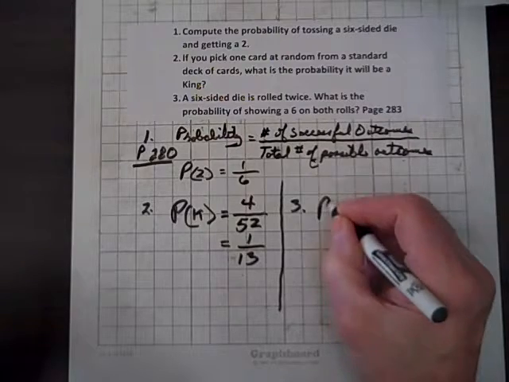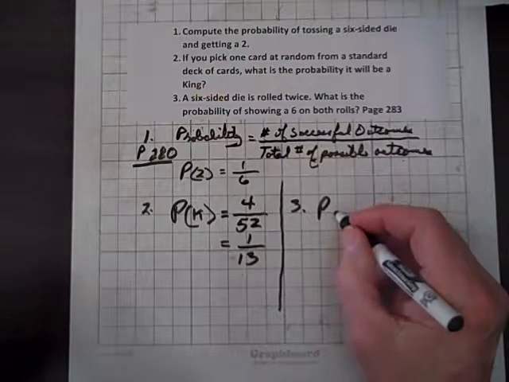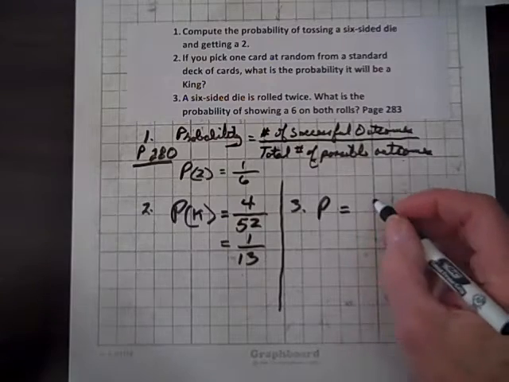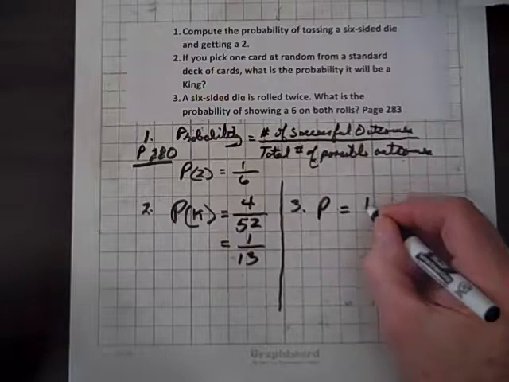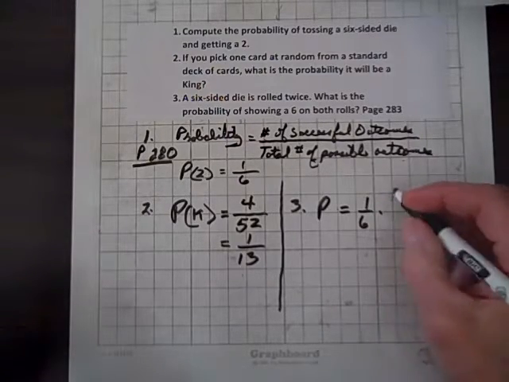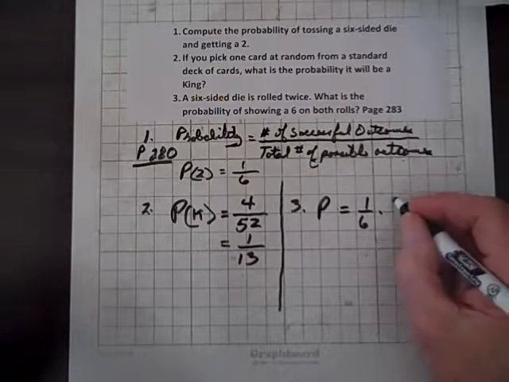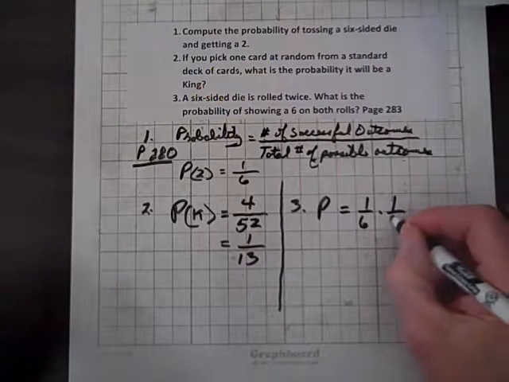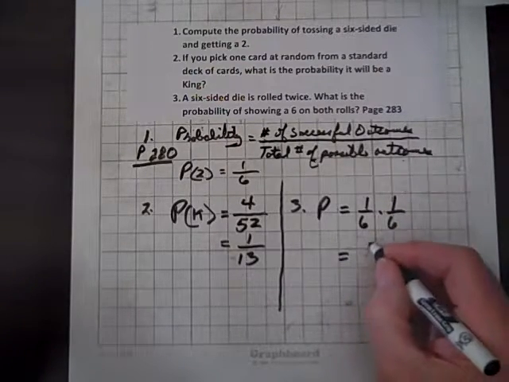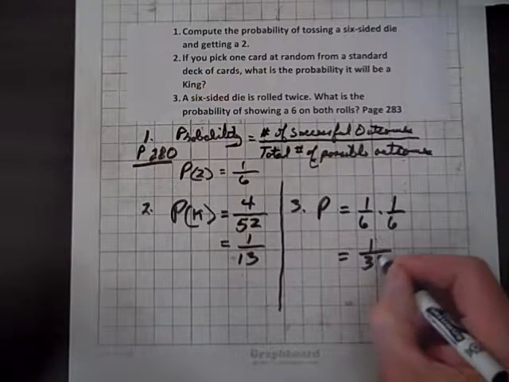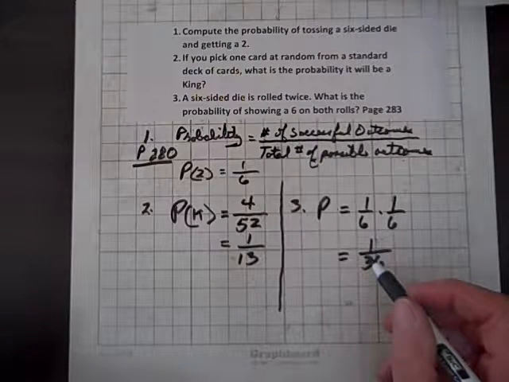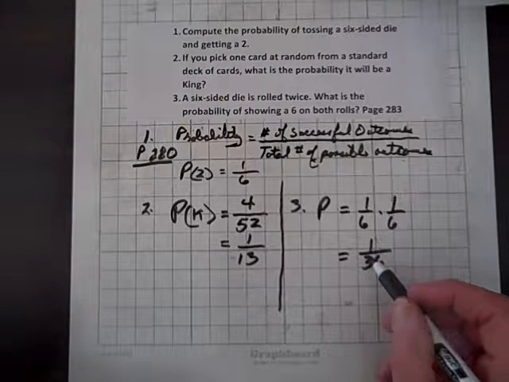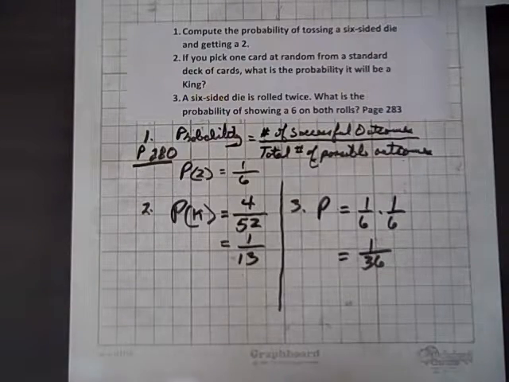So the probability of a pair of 6s is, the probability of rolling a 6 on the first die is 1 over 6, times the probability of rolling a 6 on the second throw, which is 1 over 6, and that product is 1 over 36. When 2 events are independent and you want to find the probability of both occurring, it turns out it's the product of the 2 probabilities.